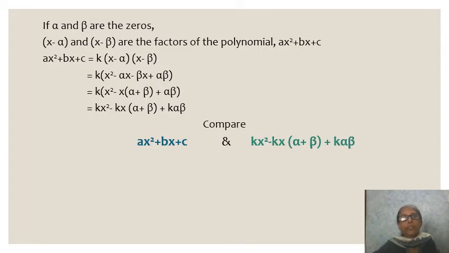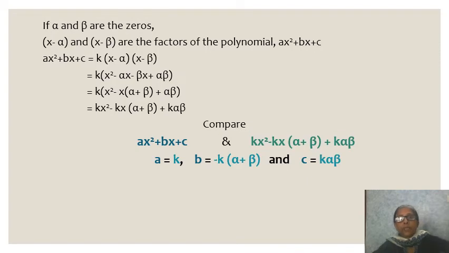If alpha and beta are the roots of this, then ax square plus bx plus c will be equal to kx square minus kx into alpha plus beta plus k alpha beta. Now see, if ax square is equal to kx square, then a will be equal to k. Similarly, for the second term of ax square plus bx plus c, the coefficient is b, and what is the coefficient of x in what you have got?